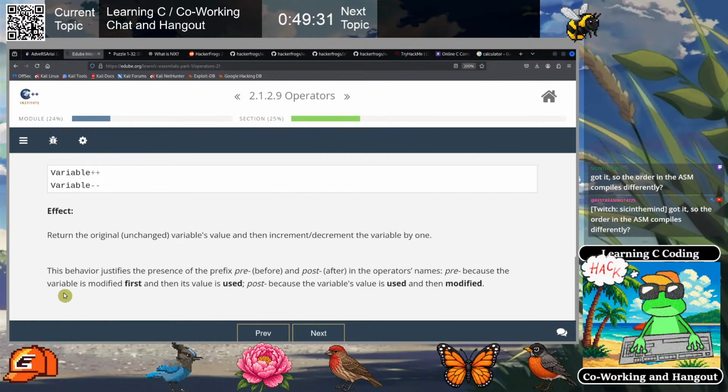Pre because the variable is modified first, and then its value is used. Post because the variable's value is used and then modified. Okay, got it. So the order in the assembly compiles differently. I guess the assembly instructions must come in a different order in this case, right?